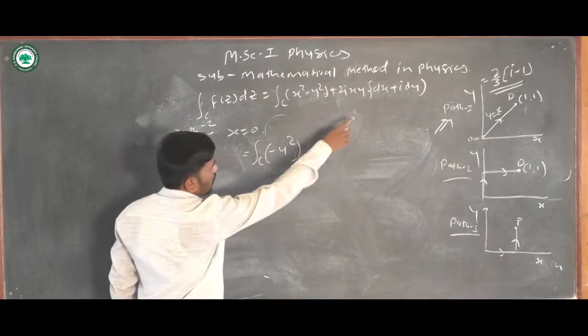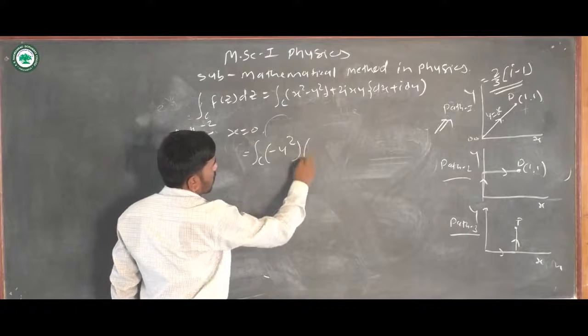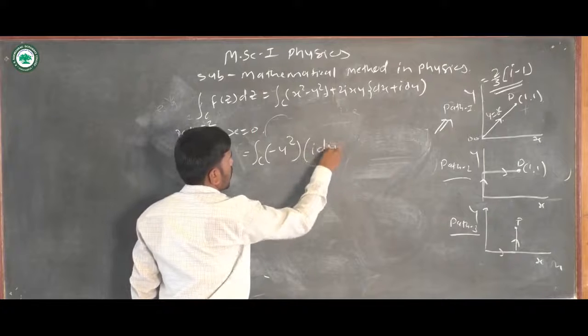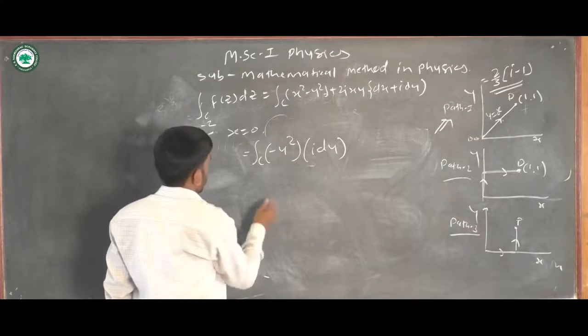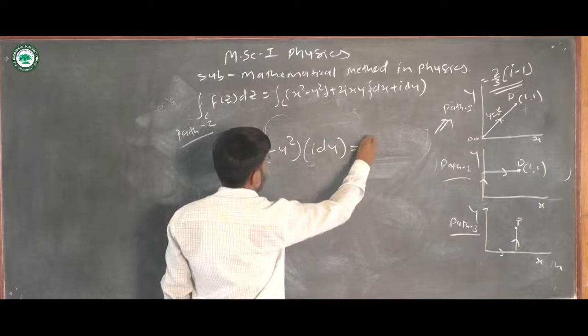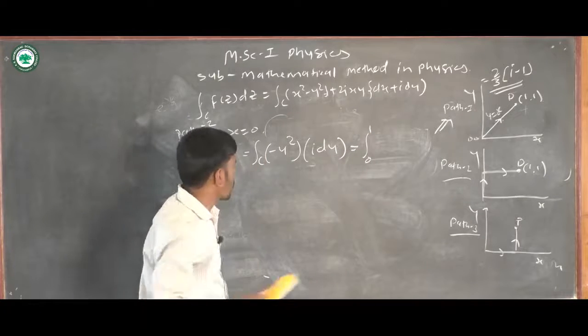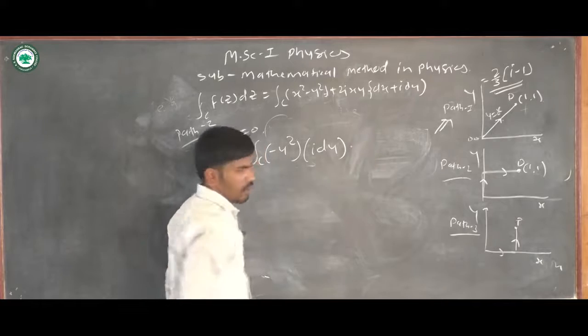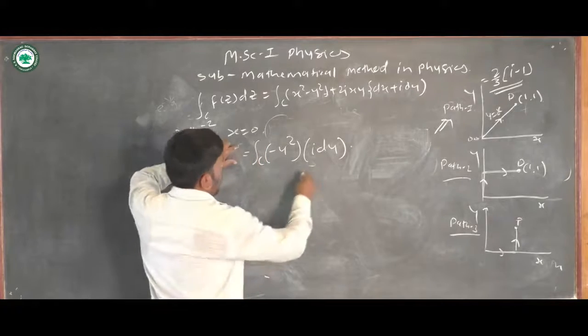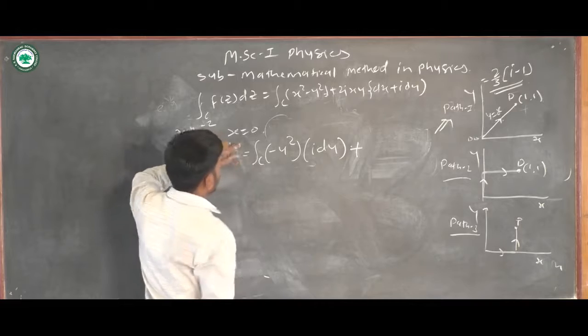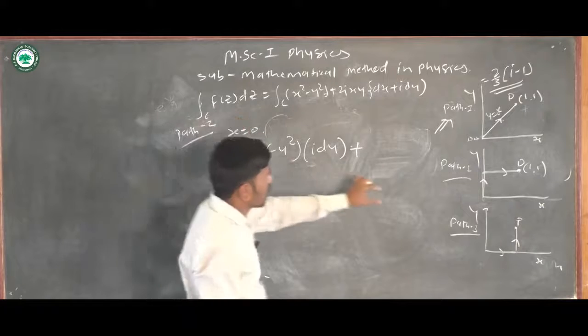So dx plus i into dy, this is for the i into dy. So this is equal to, if we take the limit 0 to 1, plus, one more expression here. This is for only this part.